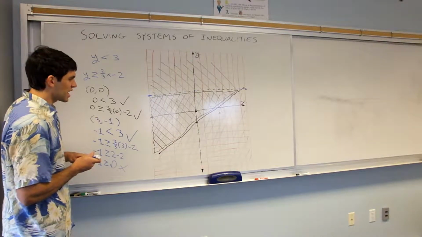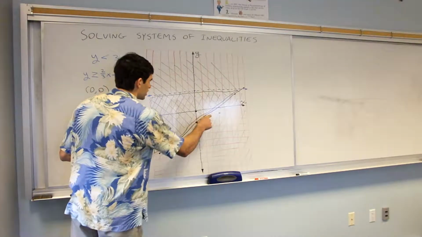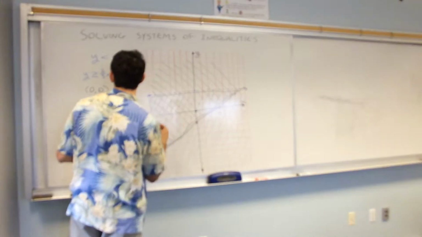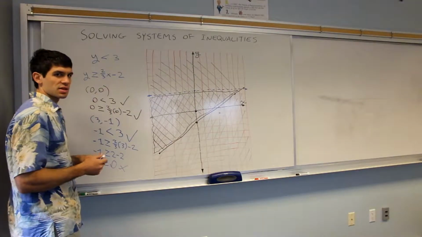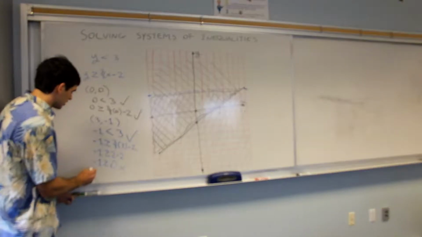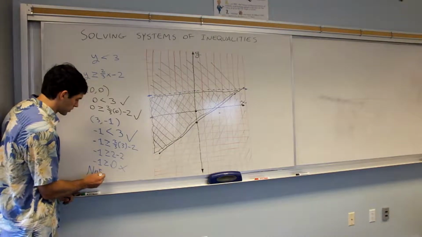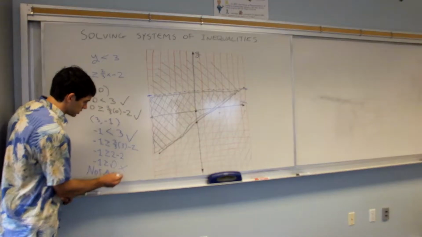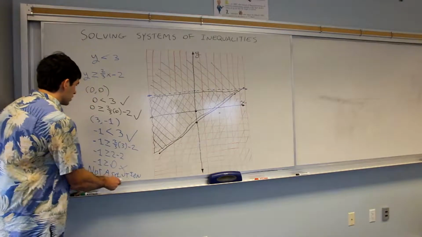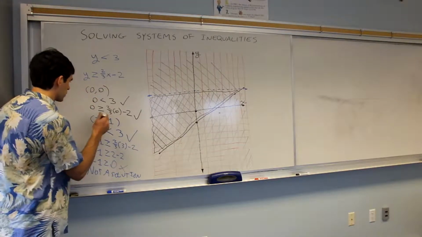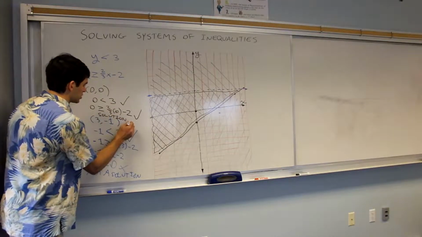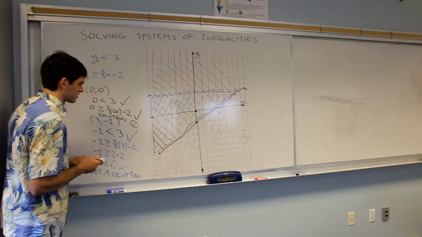So that makes sense since this point is not shaded in this inequality. So since this point satisfies one but not both inequalities, it is not a solution, whereas this equation was a solution. Draw a little smiley face because that makes us happy.